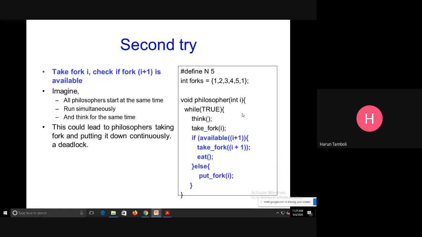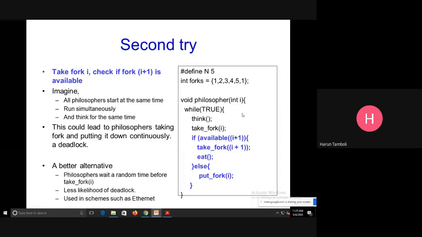After that time, they again come at the same time and repeat the process. This happens again and again, it is a repetitive process. The better alternative is that philosophers wait for a random amount of time before retrying.